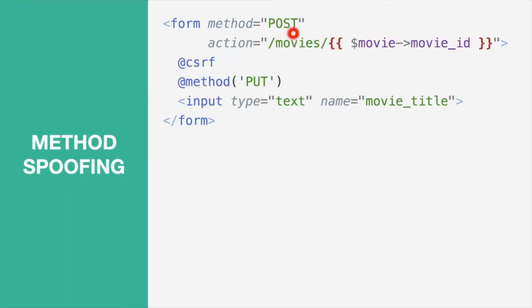We would use the post method, and then we would use this method directive to say that no, this is not a post method, I actually want it to be a put method. Or, for example, if we wanted to use delete, we could put delete here instead of put. This would be an effective way of deleting an item. And so that is pretty much method spoofing.